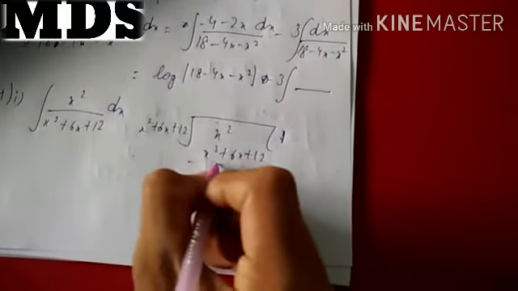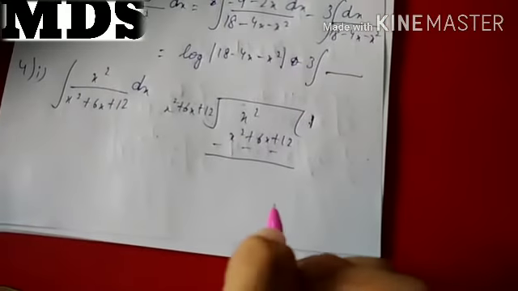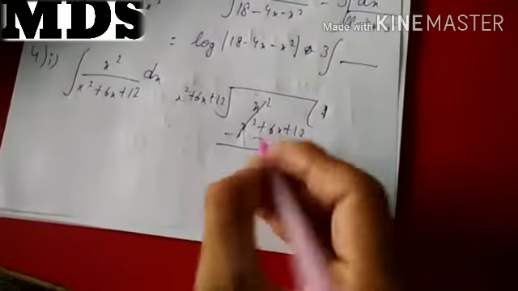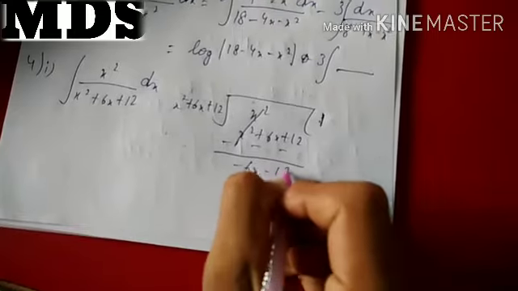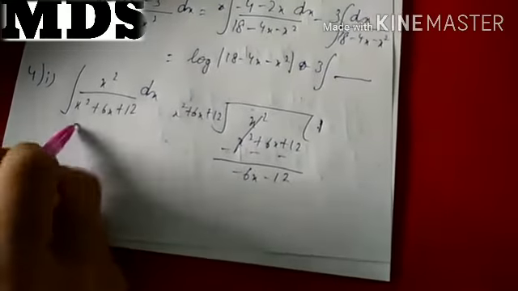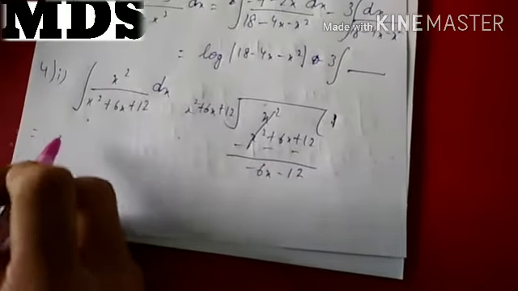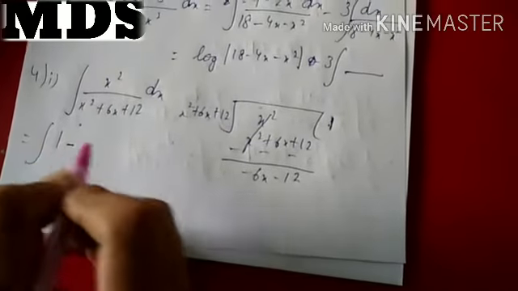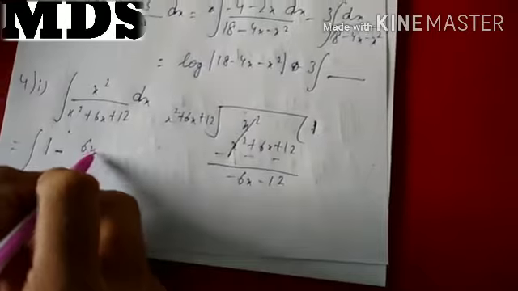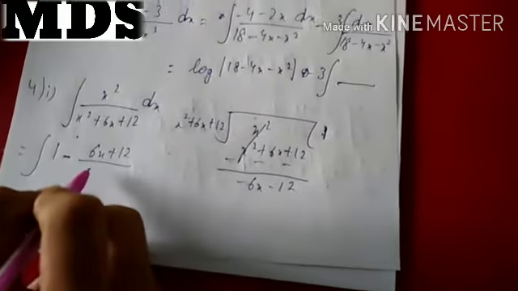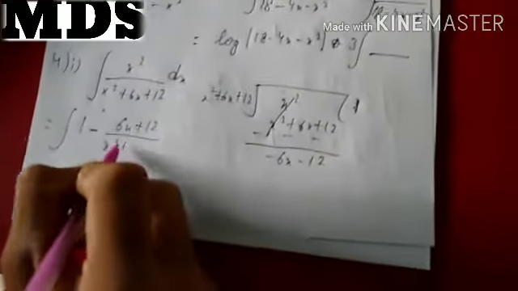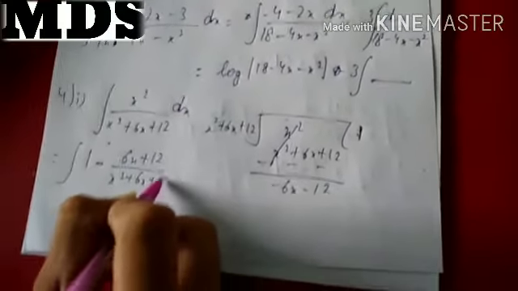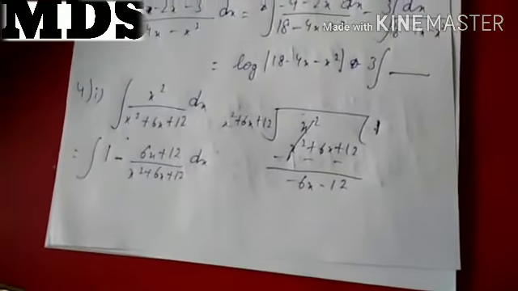We will get it. So now signs will be changed. So this will be cancelled, and what we will get? Minus 6x minus 12. So that means I can write it as 1 minus 6x plus 12 by x square plus 6x plus 12 dx.